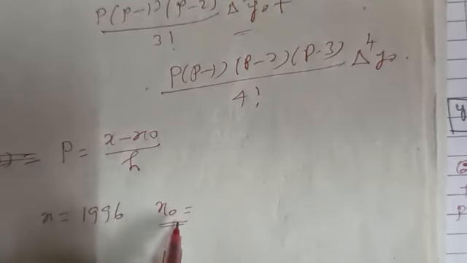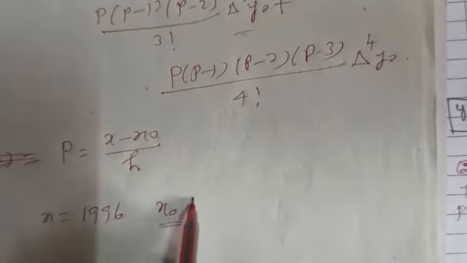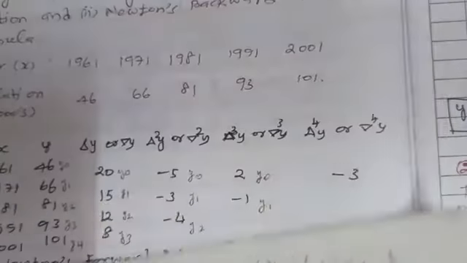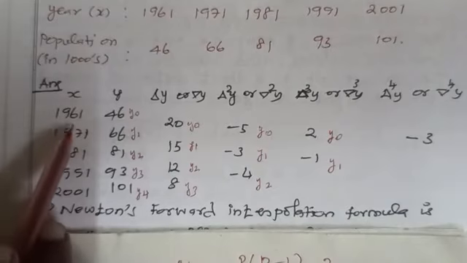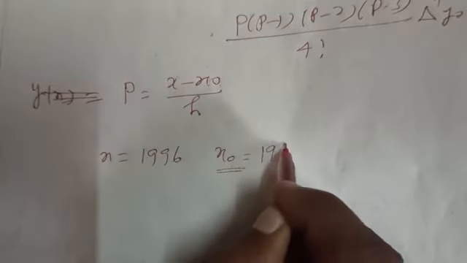Now we are using Newton's forward interpolation, so we have to use x naught, the initial value of the tabular column. What is the initial value? 1961. This is the initial value for x naught.